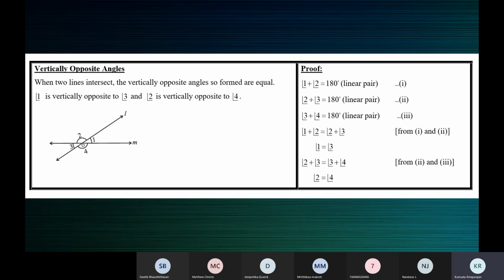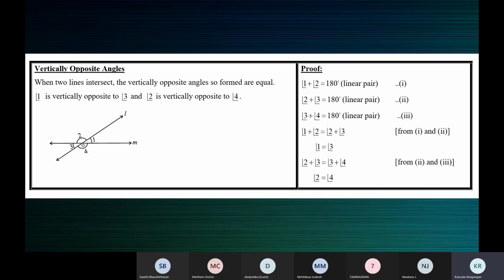Angle 2 and angle 4 form a pair of vertically opposite angles. Now we have to prove that angle 1 is equal to angle 3 and angle 2 is equal to angle 4.